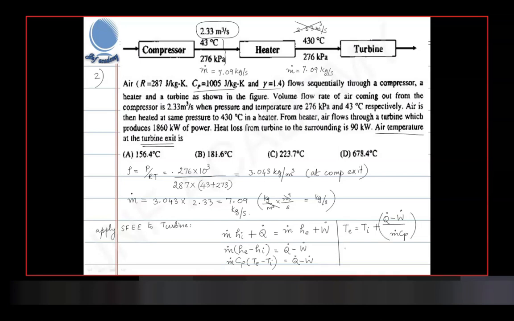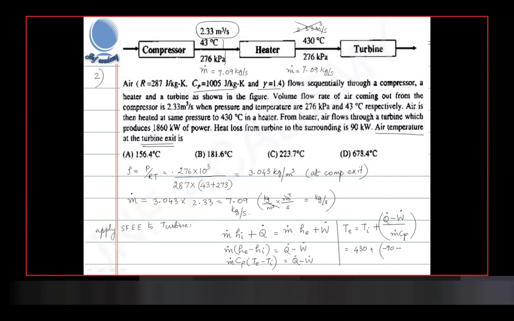I've not simplified. Now I'll put the values. Ti is 430 degrees Celsius. Because it's a temperature change, I can even put it in Celsius. It will not hurt. Q dot, you're given that heat is lost from the turbine to the surroundings, so Q dot is minus 90.